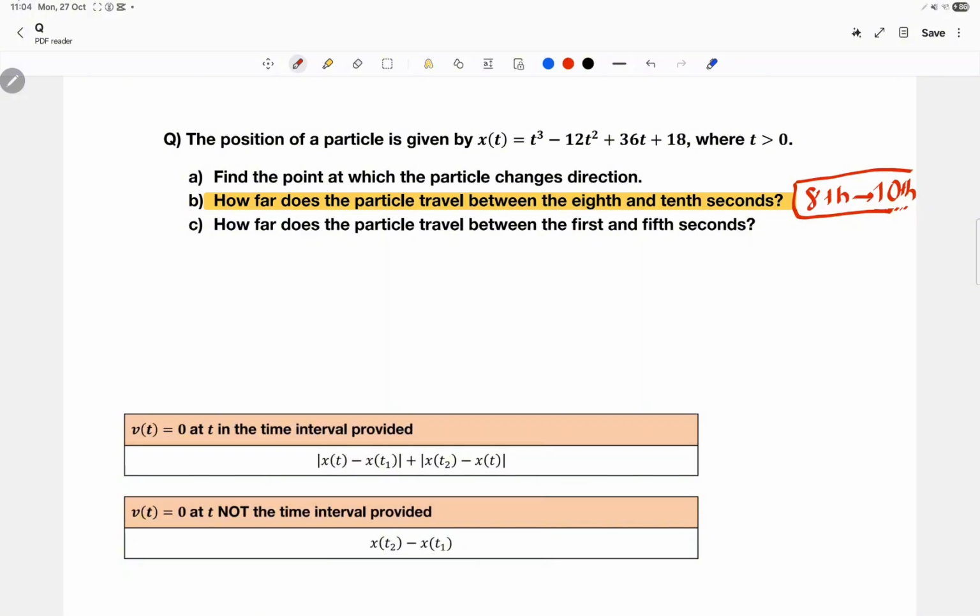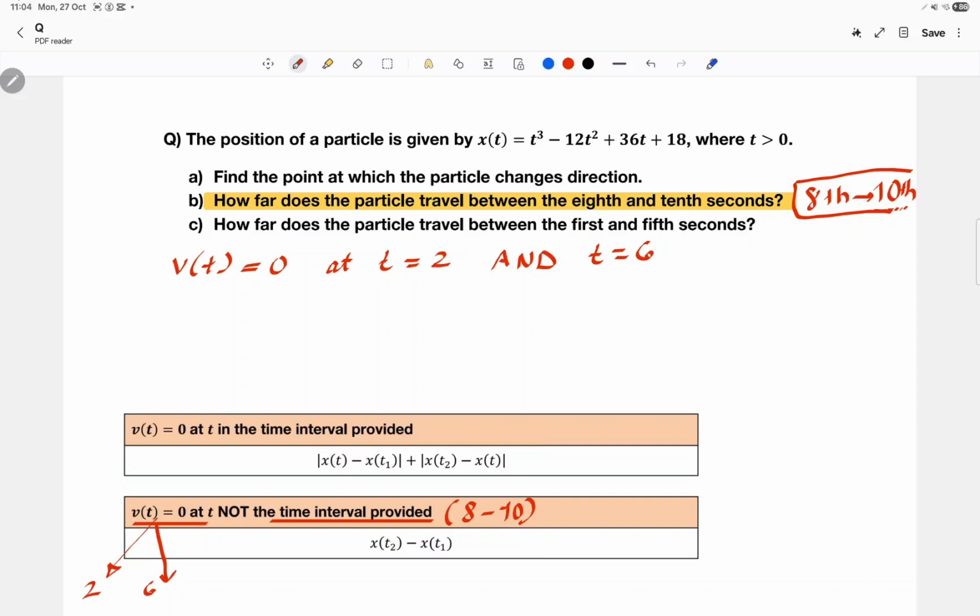Now, if you recall back in part A, we saw that the velocity was equal to 0 at 2 times, 2 and also 6, right? And so our velocity is 0 at a time which is not in the time interval. Because what's the time interval? Between 8 and 10. Our velocity is 0 at 2 and 6.